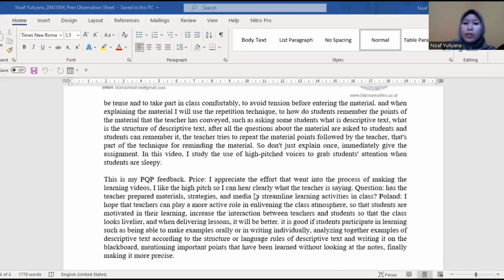After all the questions about the material are asked and students can remember it, the teacher tries to repeat the material points, followed by the students. That's part of the technique for reminding the material. So don't just explain once and immediately give the assignment.